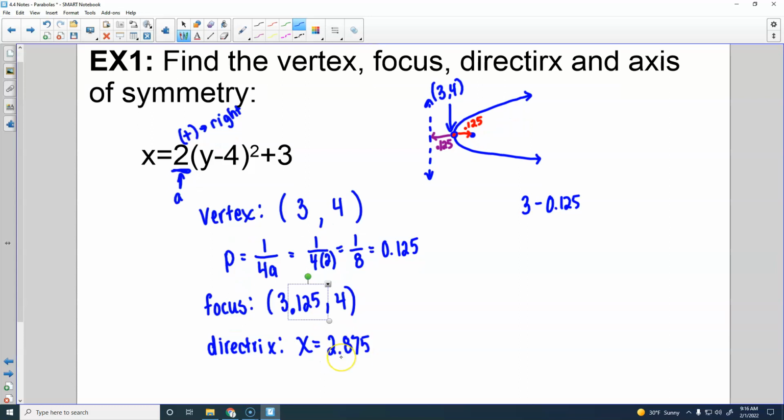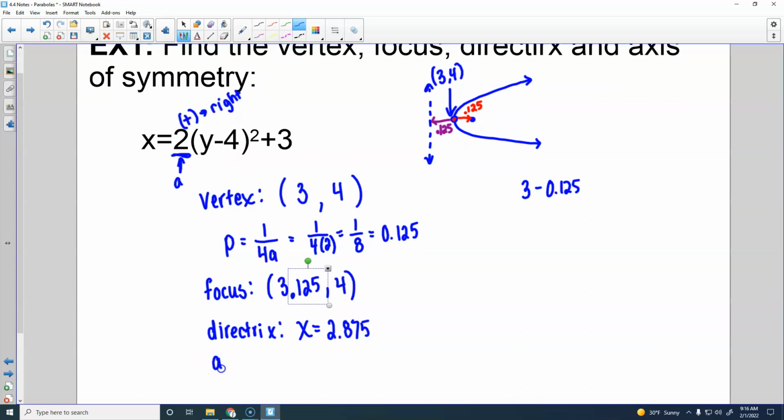And then the last thing it's going to ask us for is the axis of symmetry. The axis of symmetry for this one, it's going to go right down the middle this way. So axis of symmetry is a horizontal line here, which means it's going to be a y equals line. And it goes through the vertex, so it's just going to have the same y coordinate as your vertex, or your focus.